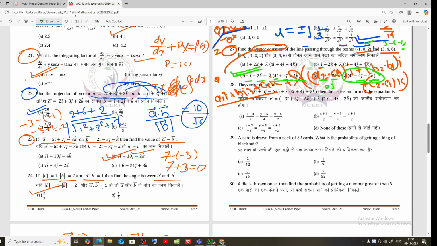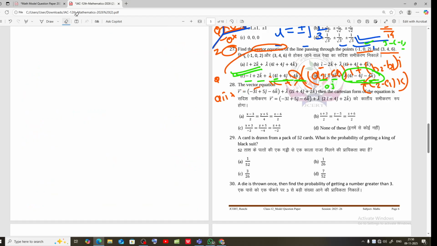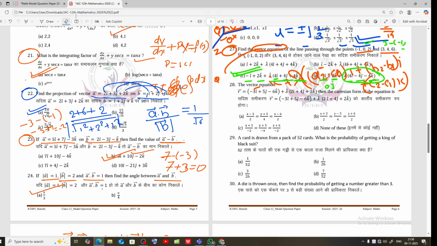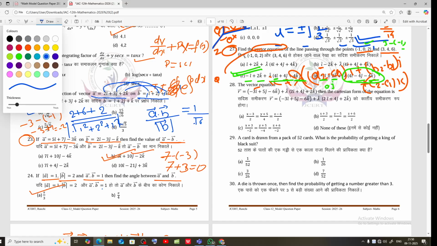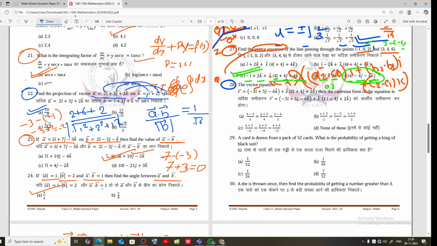Now question number second last, number 28. r equals minus 3i plus 5j minus 6k plus lambda times (2i plus 4j plus 2k). Then find the Cartesian form of the equation.